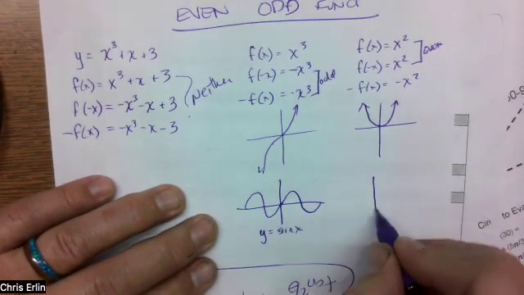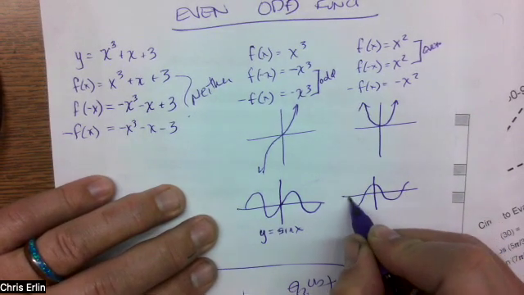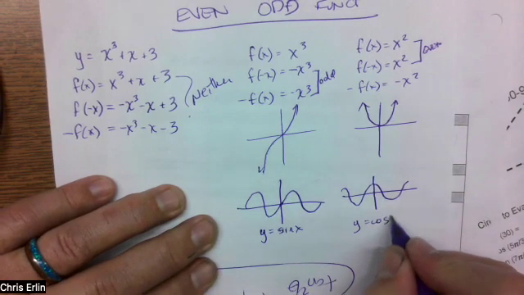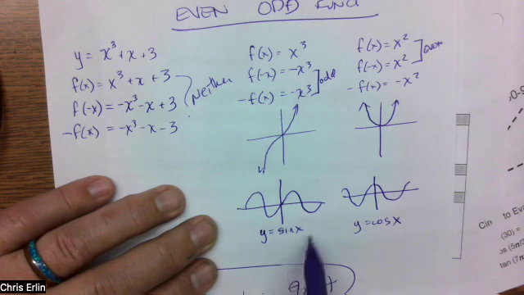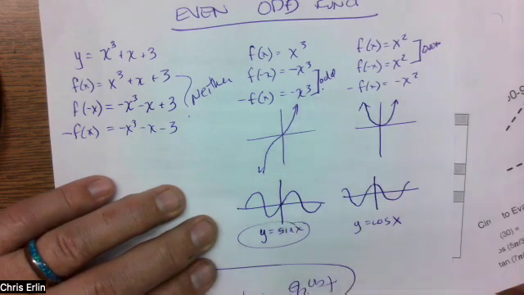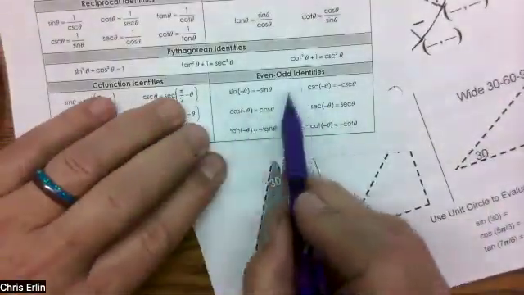But if I do the cosine function, it flips over the y-axis. So that means that the sine function is odd and the cosine function is even. So that's what's down here.